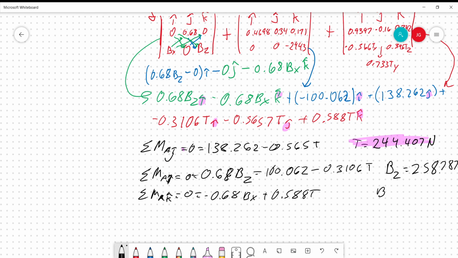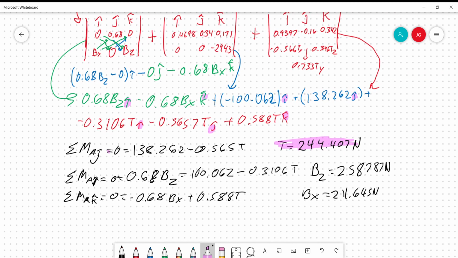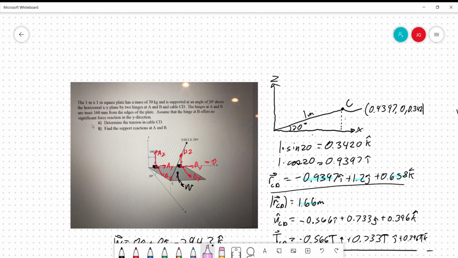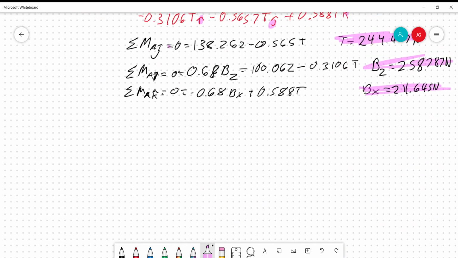So then BX is going to equal 211.65 units. Alright, so we got 3 of the forces it asks us for, actually. So we have this for actions at B, because BY is equal to 0. So now we just gotta find the ones at A, right?